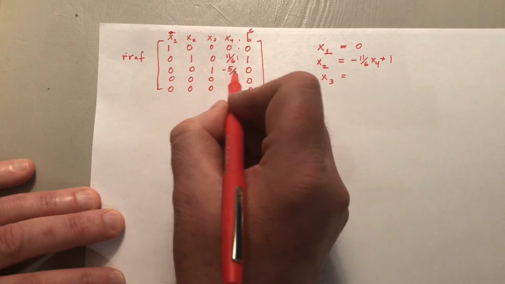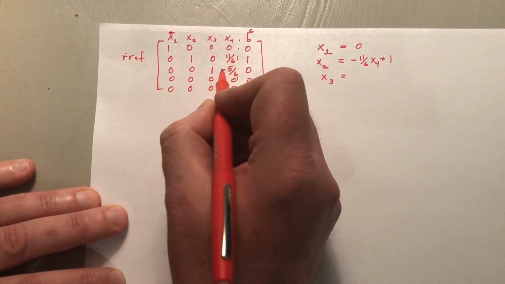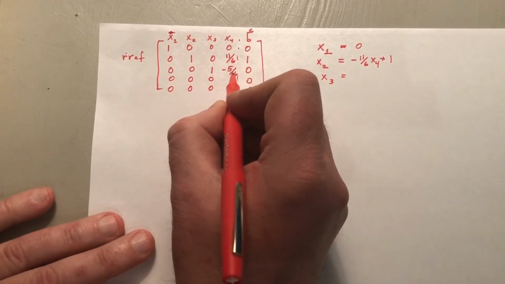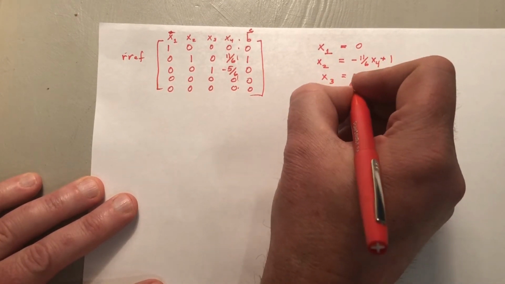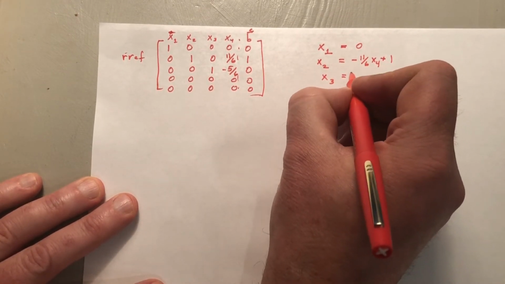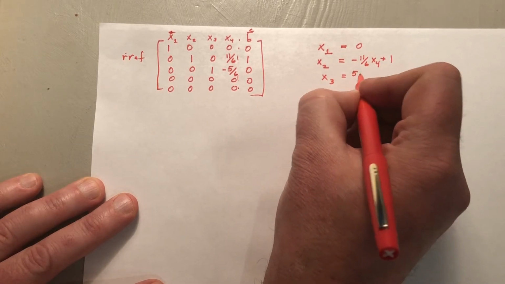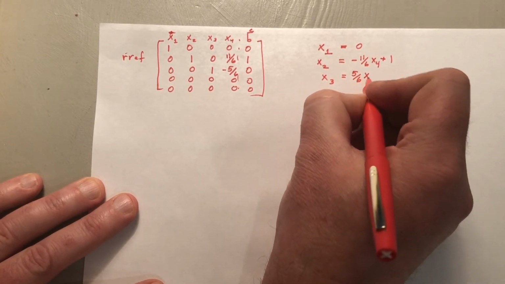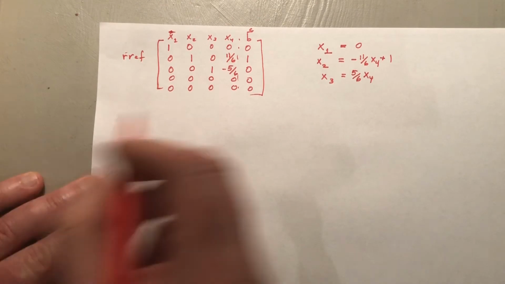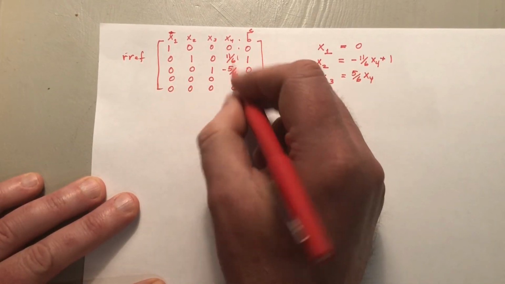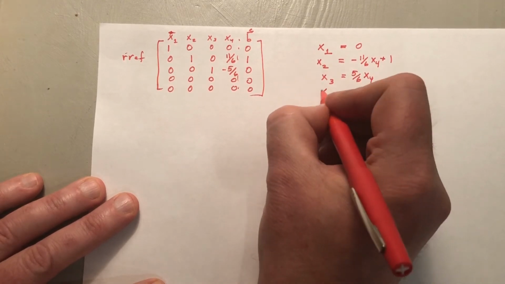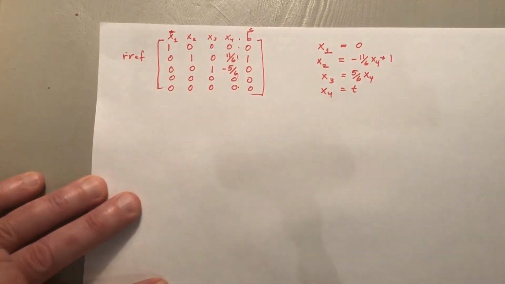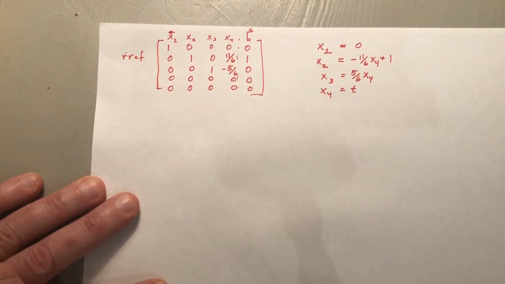I've got 1x3 minus 5/6 x4 is equal to 0. And so if I solve for x3, I get x3 equals 5/6 x4. Well, that's nice. And then I don't have any information on x4, so that must be my free variable, right?